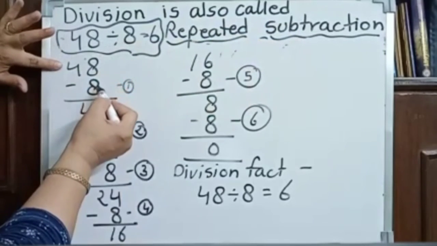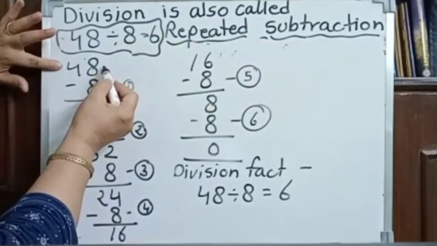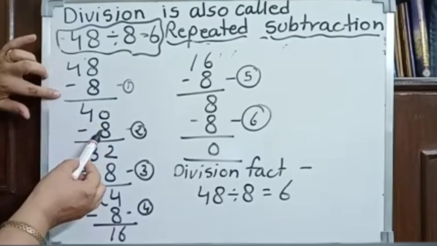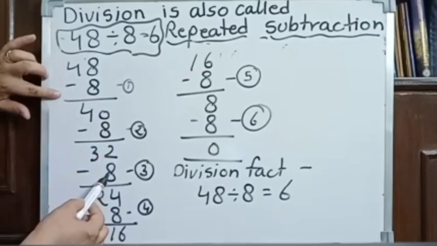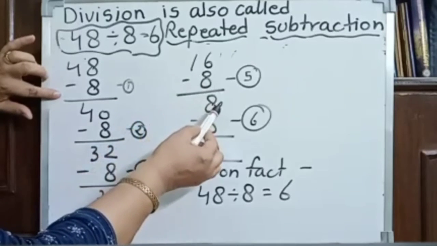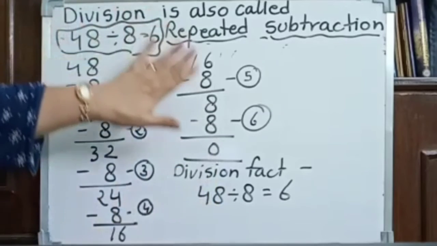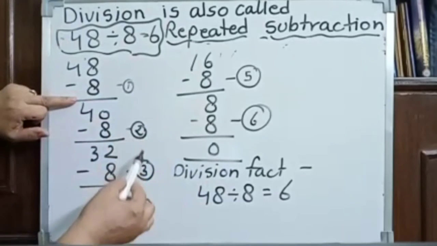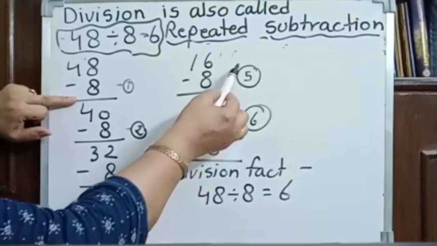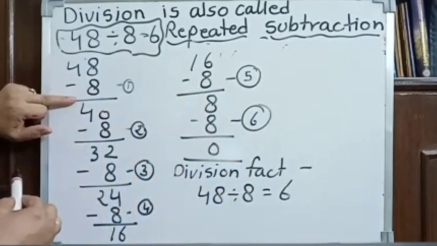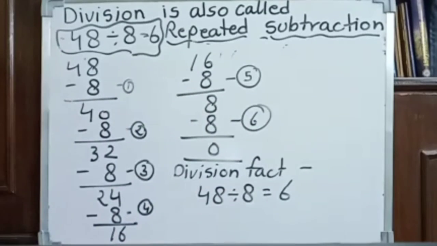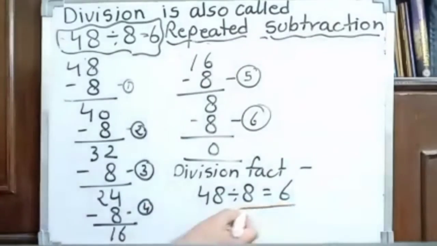Take it here, divisor down and dividend up. 48 minus 8, we get 40, again minus 8, we get 32, again minus 8, we get 24, again minus 8, 16, minus 8, 8, minus 8, 0. We have to do subtraction till we get 0. So this is 1 time, 2 times, 3 times, 4 times, 5 times, 6 times. So quotient is 6. Division fact is 48 divided by 8, quotient is 6. This is the division fact.